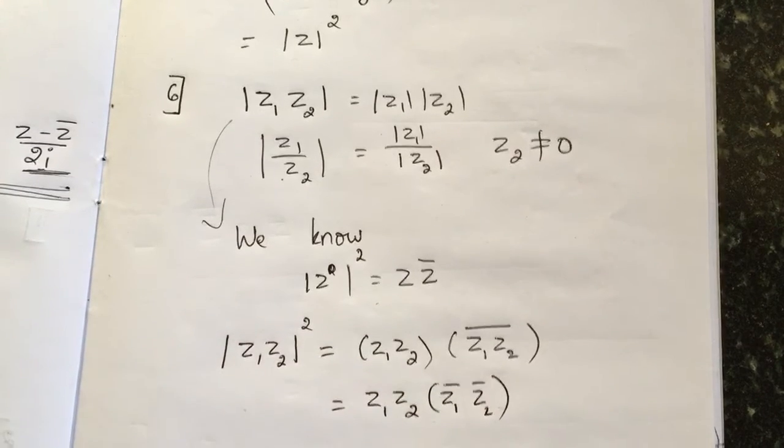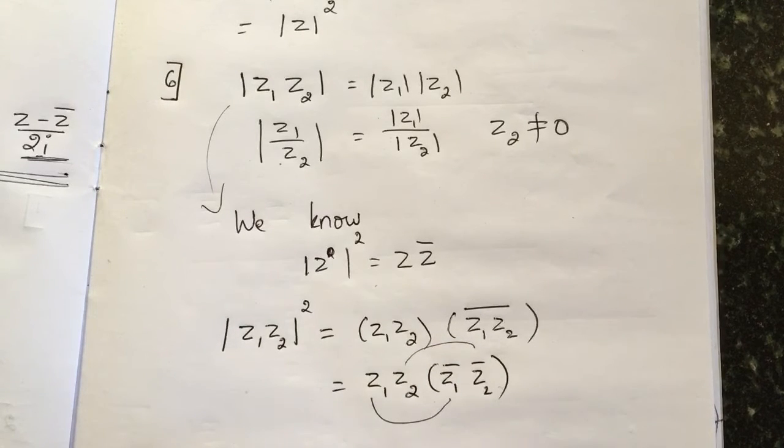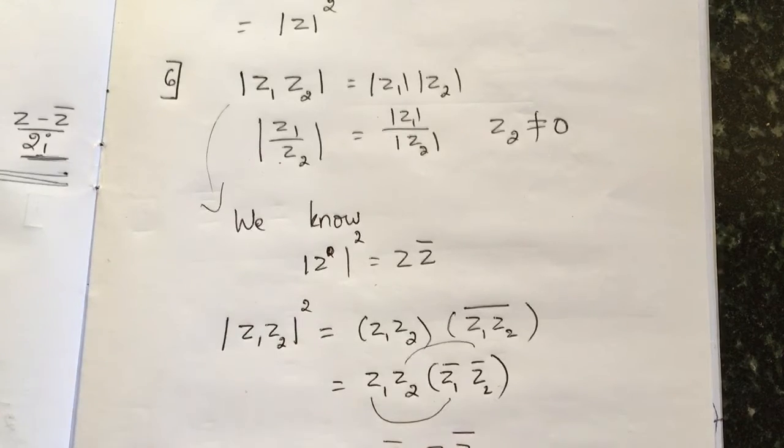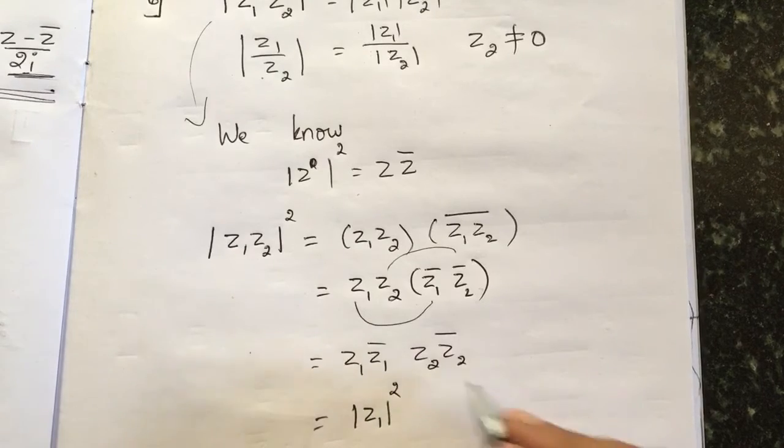It won't matter much. Now I'll club this with this and this with this. So z1 into z1 bar and z2 into z2 bar. What is this? z1 into z1 bar, that is nothing but mod z1 square.